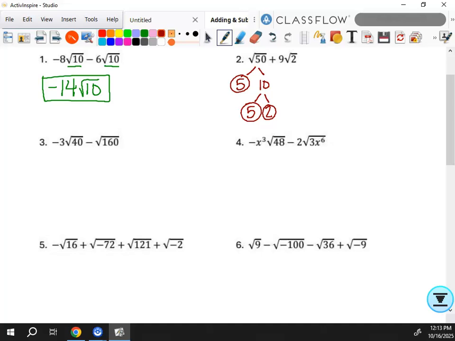So the square root of 50 reduces to what? This becomes 5 square roots of 2, and then I can add 9 square roots of 2, and that gives me a total of 14 square roots of 2. Okay? So you can only add and subtract like terms.